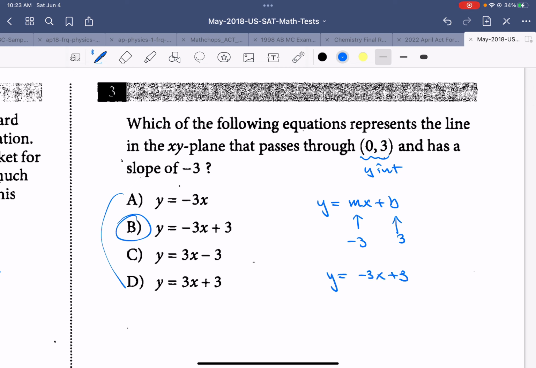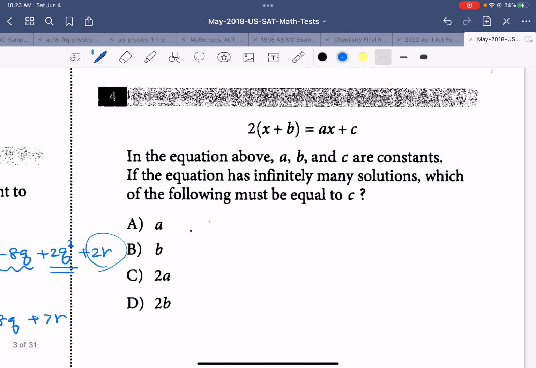Now let's move on to number 4. This one is what we call an identical equation. This type of question comes up very often in the SAT. This is how you're going to do it. You distribute 2 first. So 2x plus 2b is going to be equal to ax plus c.